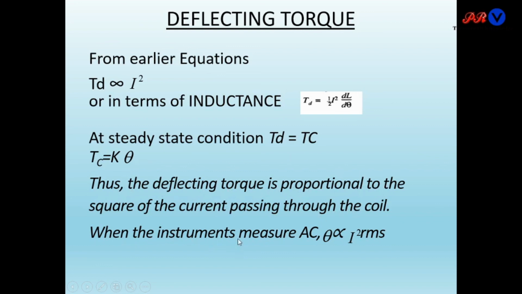So when the instrument measures AC, this theta is proportional to I square RMS. When both torques are equal, k theta is proportional to I square, or theta is proportional to I square, which measures the AC. So in this way this will measure the AC voltage or current.